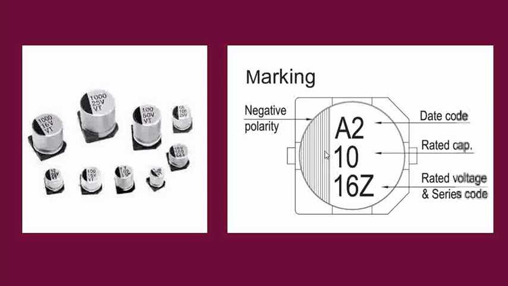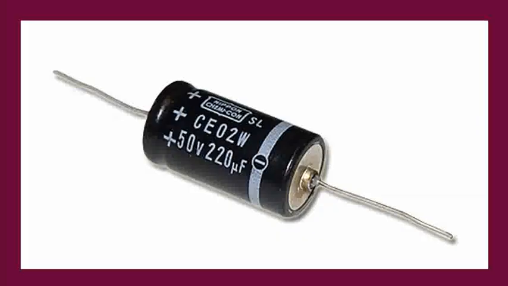So the markings are a little different for tantalum and electrolytic, which is confusing. If you have a diode or a tantalum in mind, bringing in electrolytic confuses you, right? So remember that the marking on an SMD electrolytic capacitor is towards the negative side.